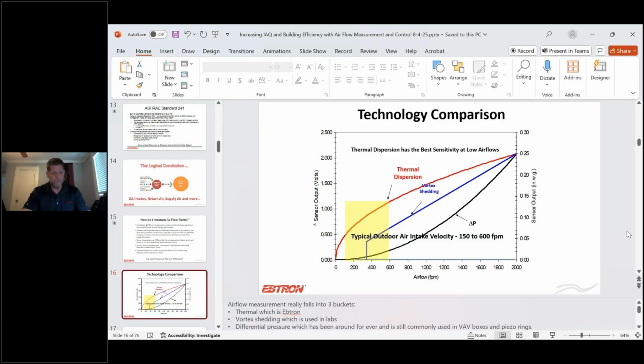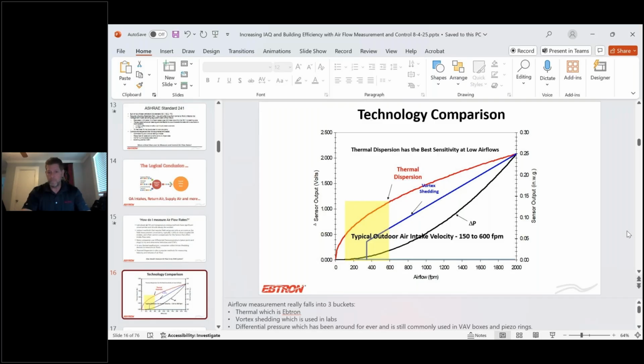Everything has its place. In HVAC, we're typically dealing in what I consider relatively low velocity applications. A lot of our designs are 100 to 600 feet per minute. In typical air handling units, you're going to see max velocities across a chilled water coil or a DX coil of 500 feet per minute. Why is that?